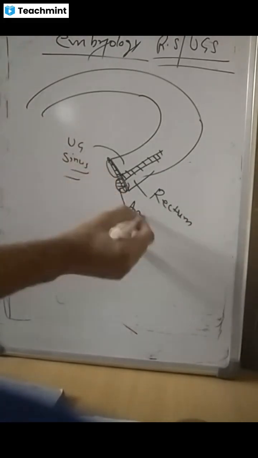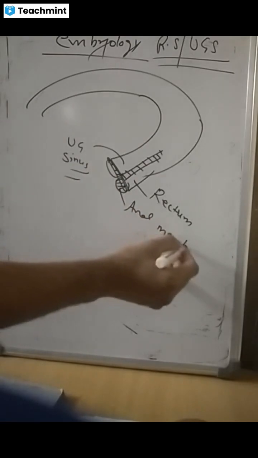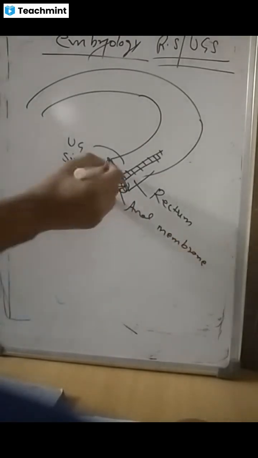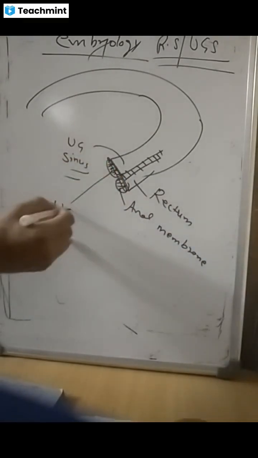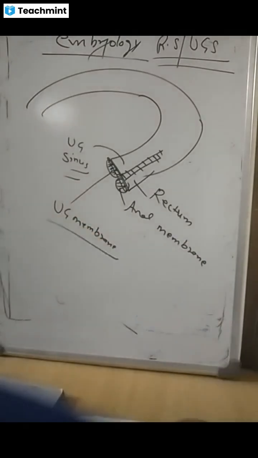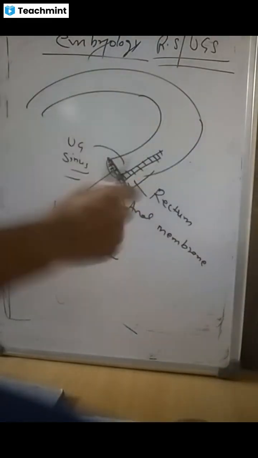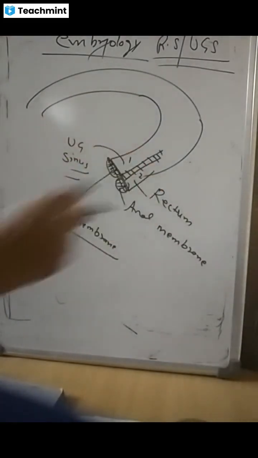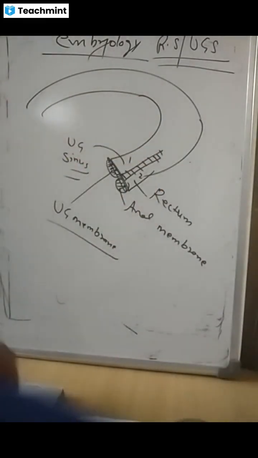This is known as the anal membrane. So from one tube, two tubes form because of this septum.